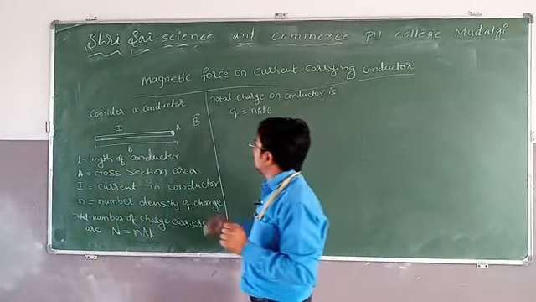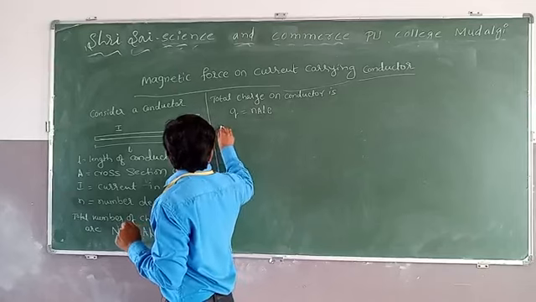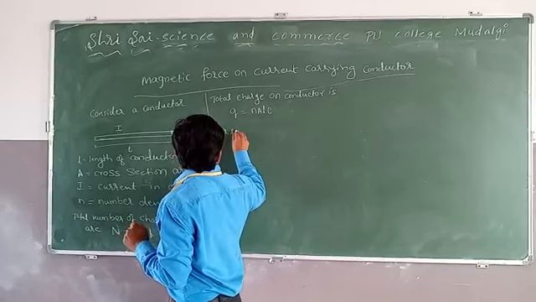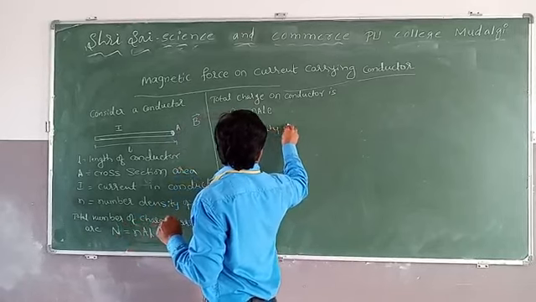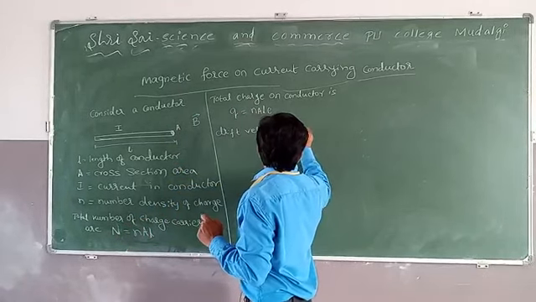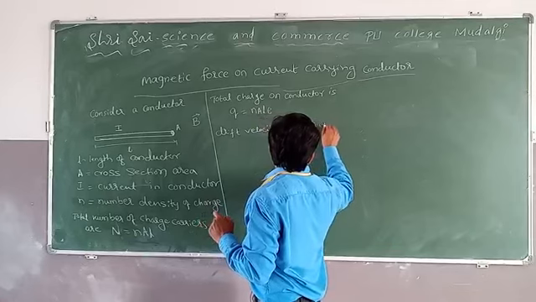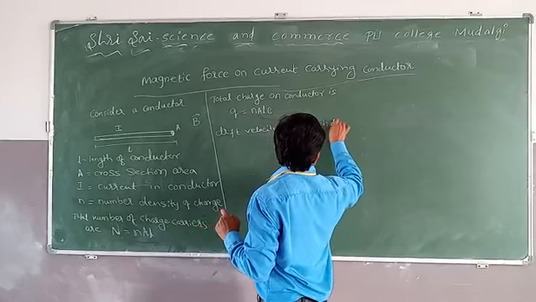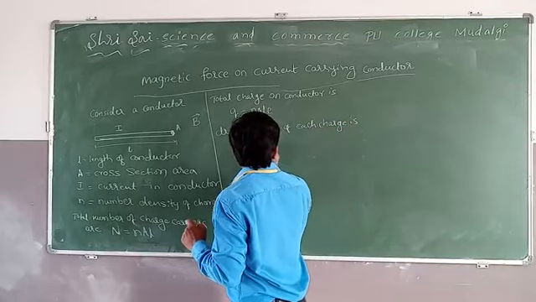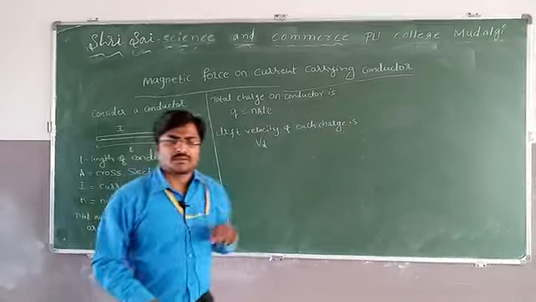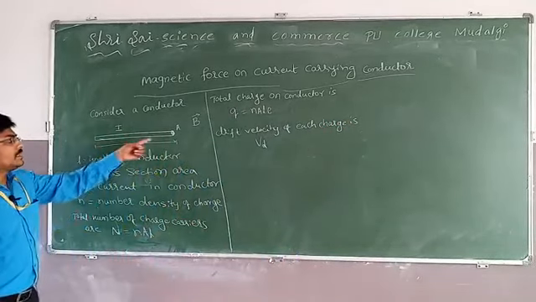And next, drift velocity of each charge, or each electron, is Vd. Here in conductor I said that the current is flowing.